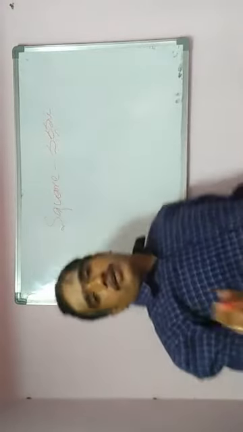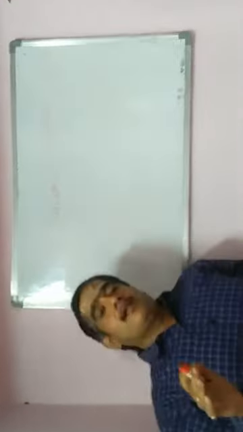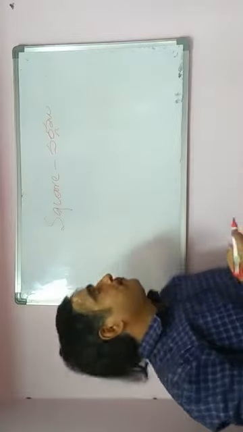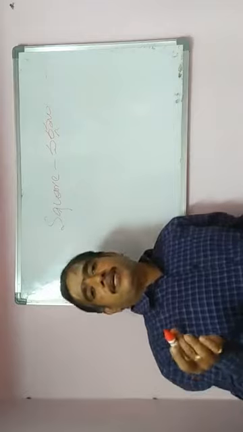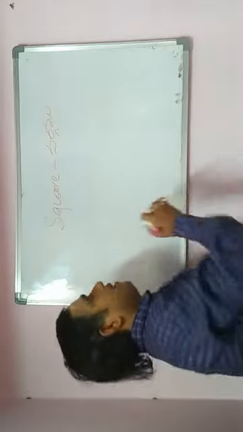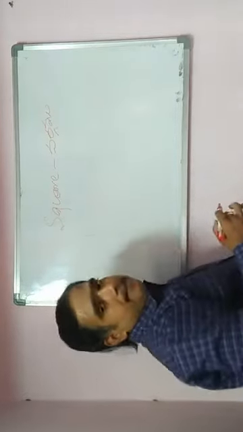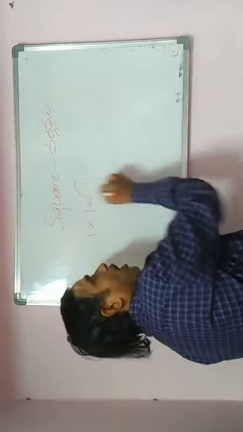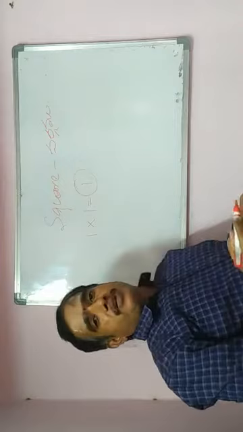It is not only useful for 8th class, it is useful in higher classes also. First of all, what is the meaning of square? Take a number, multiply it with itself, and you will get one product. In Telugu we say labdamu.